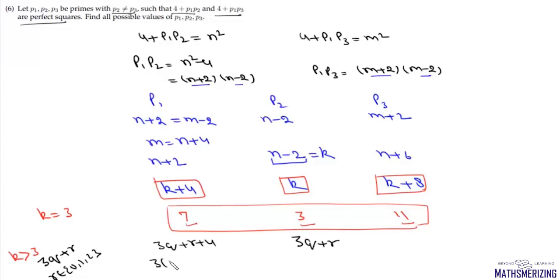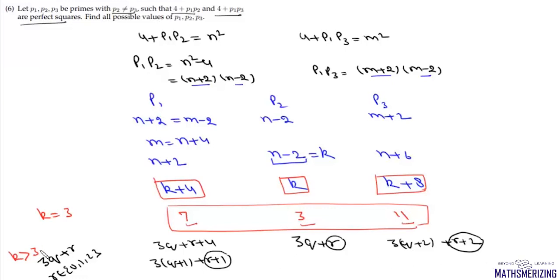So we can write this as 3q plus 1 plus r plus 1. And the same way we can write k plus 8 as 3q plus 2 plus r plus 2. Now these three numbers, r plus 1, r and r plus 2, are three consecutive numbers. So if we have three consecutive numbers, then at least one of them is divisible by 3. And when any one of them is divisible by 3, then this number can no longer be a prime number.